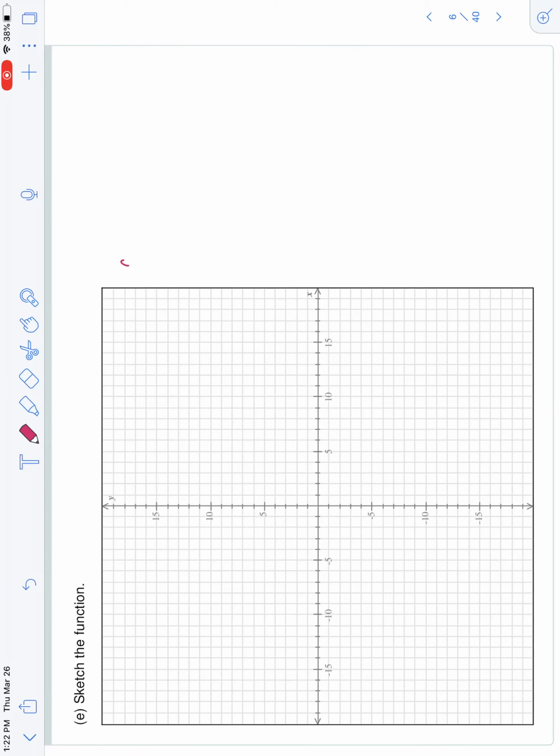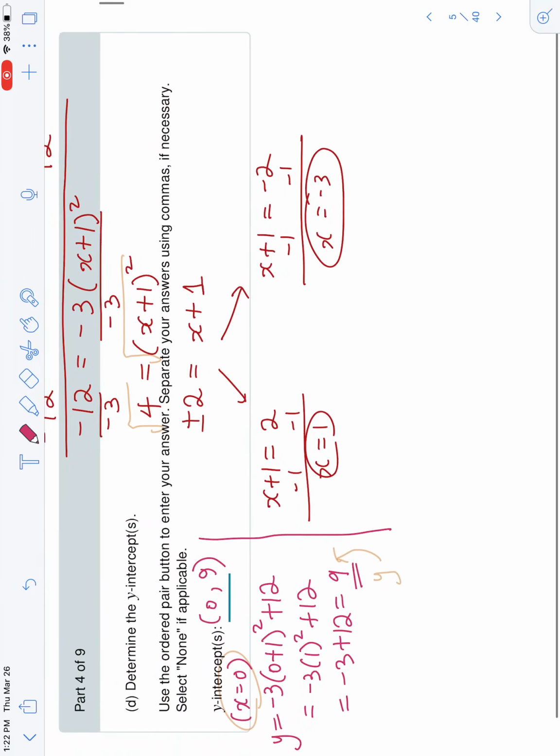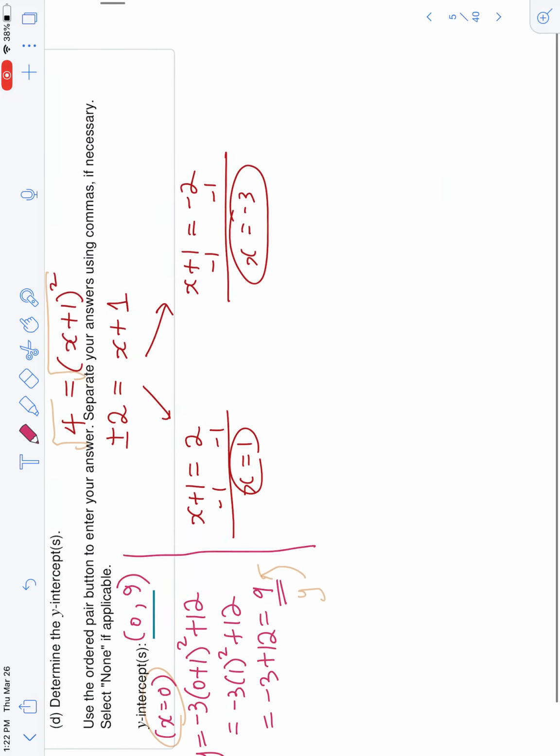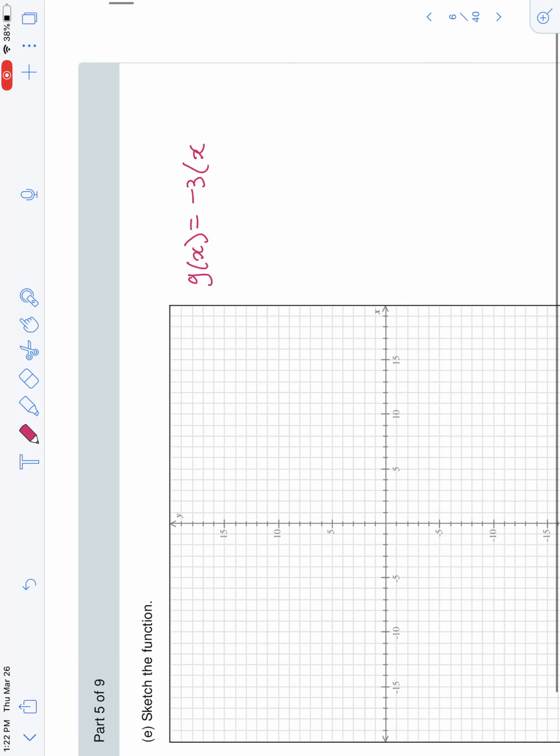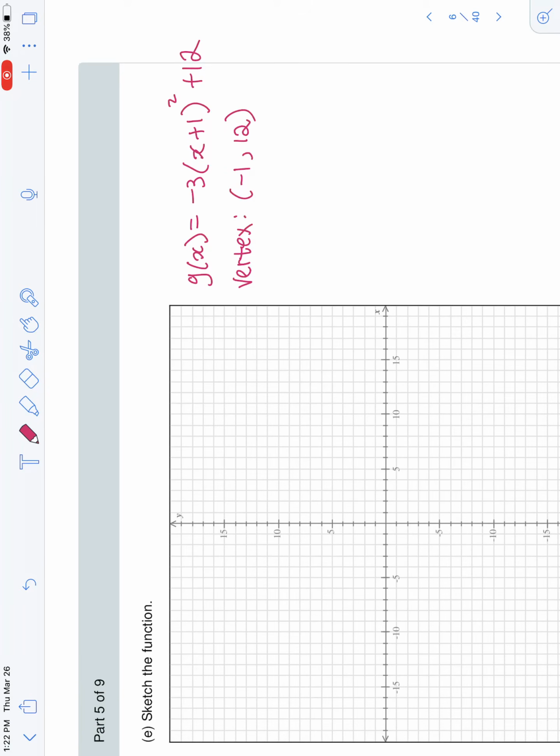They want us to graph this function now. Let me write down everything we know so far. g of x is -3 times (x plus 1) squared plus 12. We found that the vertex was, using the answer that we got from above, (-1, 12).